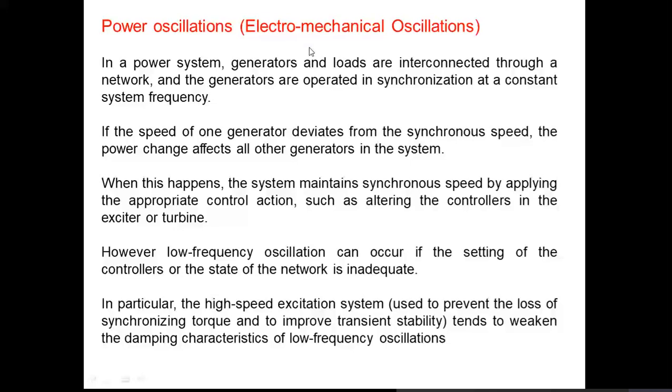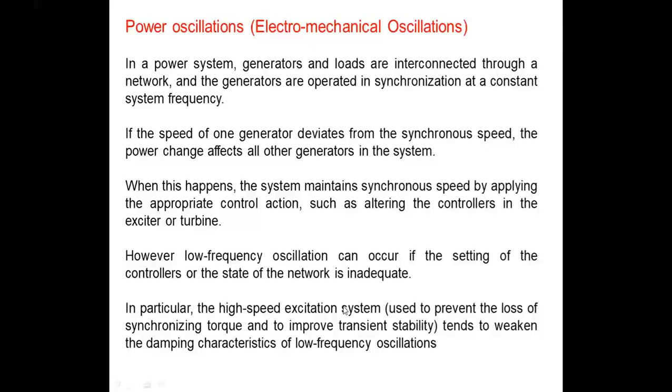With the use of high speed excitation systems, it is possible to prevent the weakening, that is, the reduction of synchronizing torque, and thereby improve the transient stability. So in one way we have the use of high speed excitation to improve the transient stability, right?